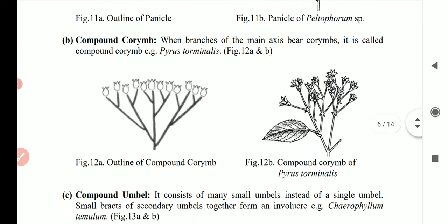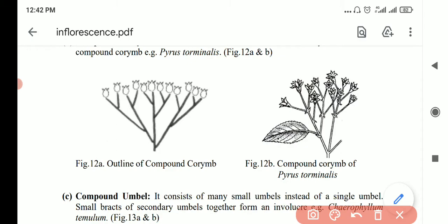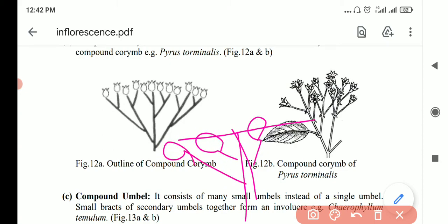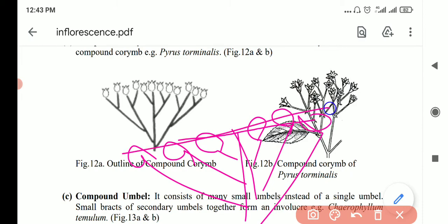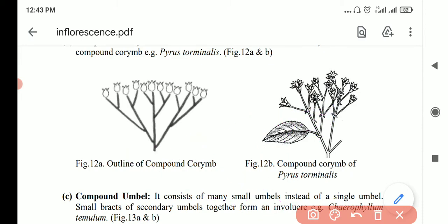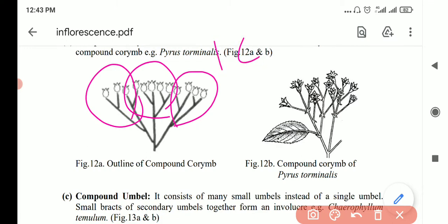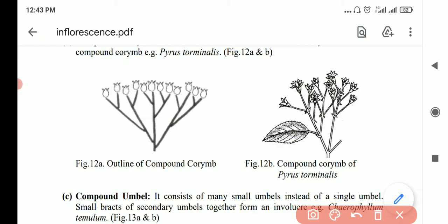Now looking at the compound corymb, remember the corymb, it was all in the same line, no? Remember, if this was the axis, we got a flower like this, like this, like that, all in the same horizontal axis. Now here also, this is one corymb, this is another corymb, this is another corymb.